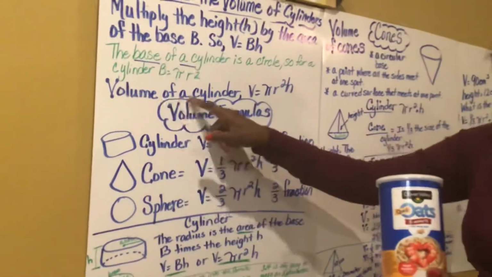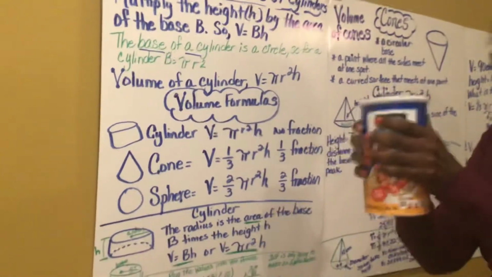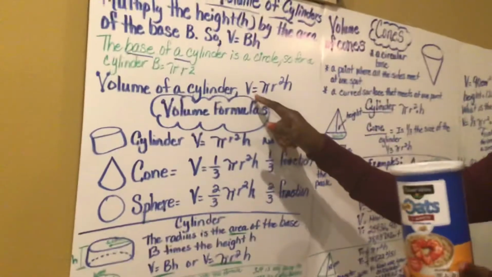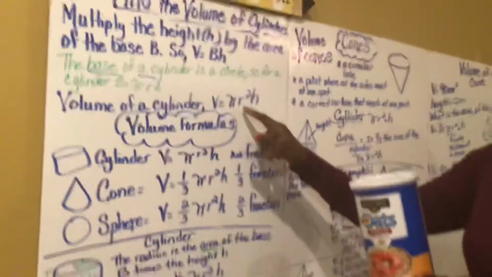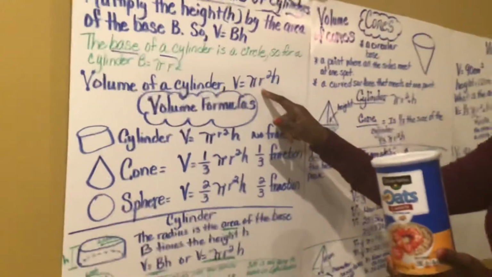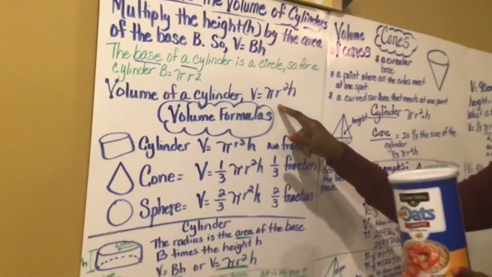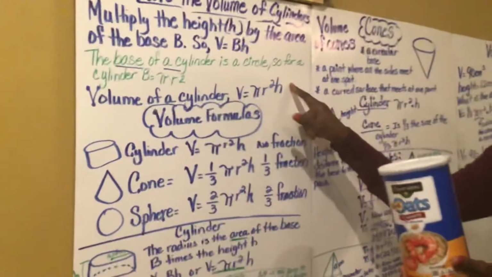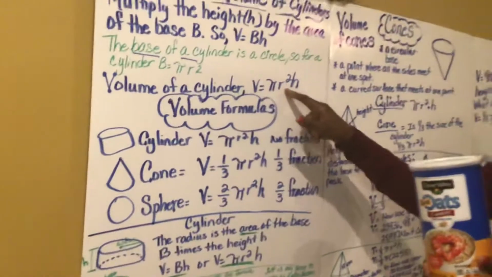The volume of a cylinder would be what it contains on the inside, so the volume would be 3.14, which is pi, times r squared. Now, what does r squared mean? Anyone? Radius squared, which would be the radius squared times the height. The r means radius, pi radius squared.